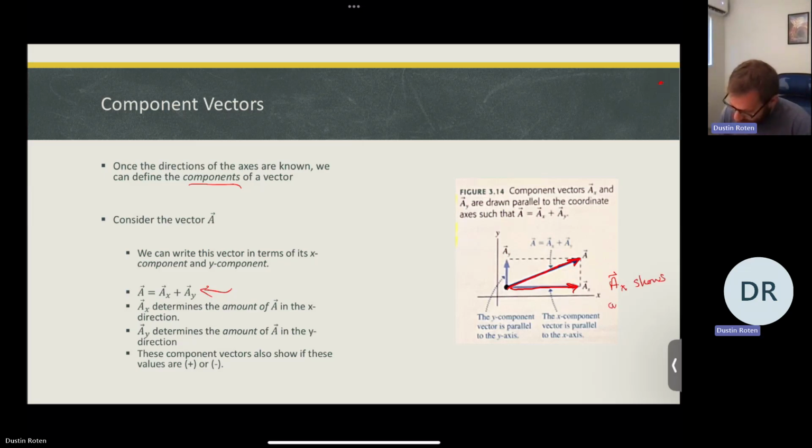So AX shows amount in X. And then same thing here, AY shows amount in Y. So the whole idea is you can essentially just use two simple vectors that just point left or right, up, down, add those two together to get a broader vector that has components of both. It's got some left-right movement. It's also got some up-down movement, or left-right, up-down position.